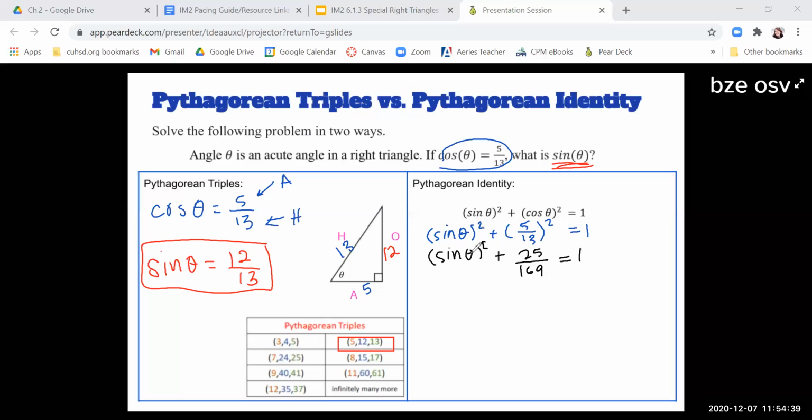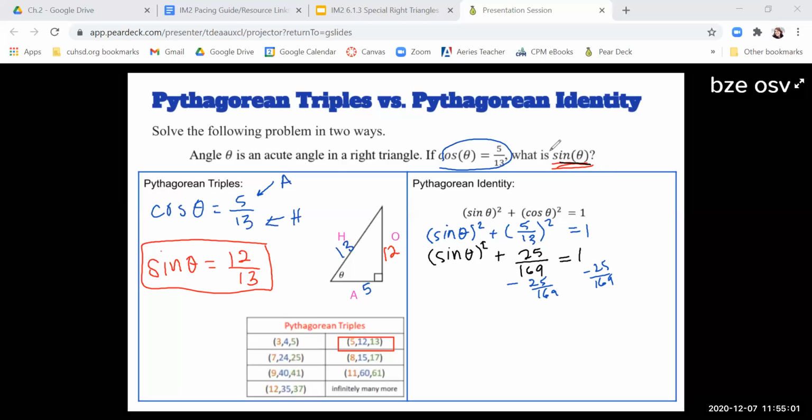And now I'm trying to isolate my sine because remember, I'm trying to solve for sine. So I need to subtract that fraction on both sides. All right, so I'm going to subtract 25 over 169 on both sides of my equation.